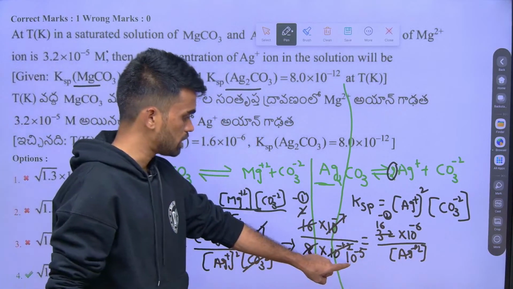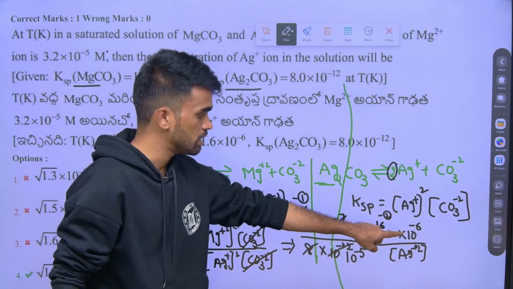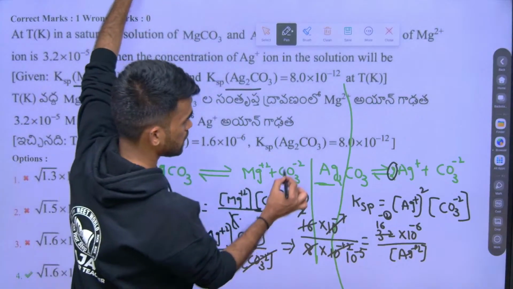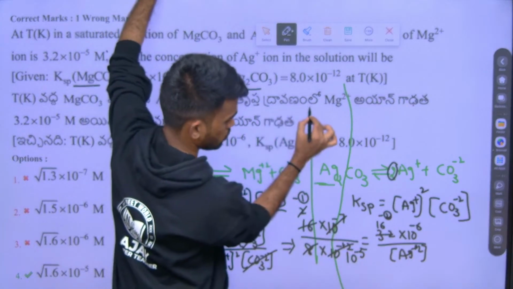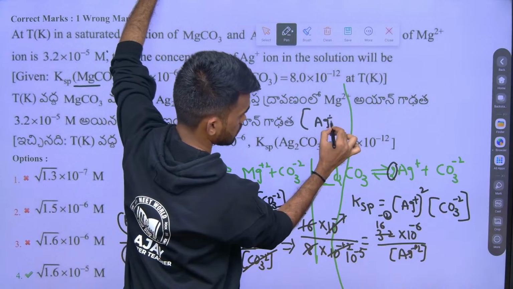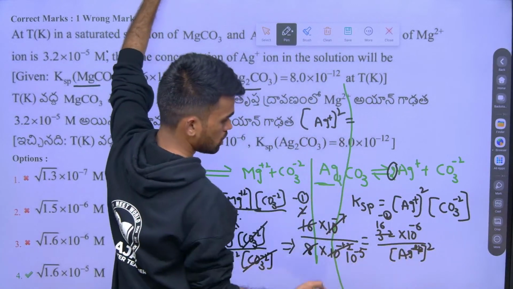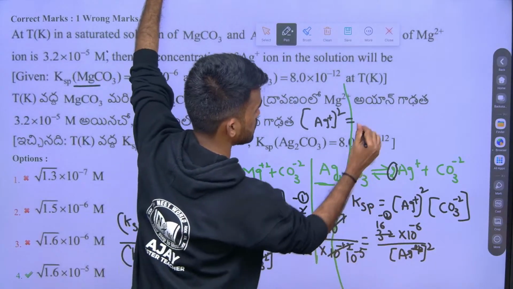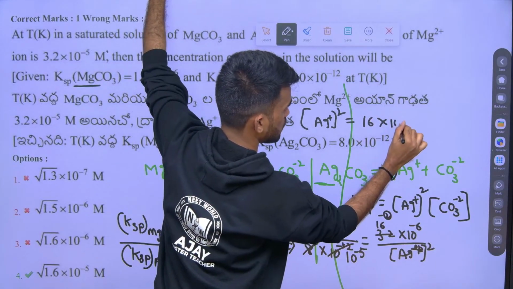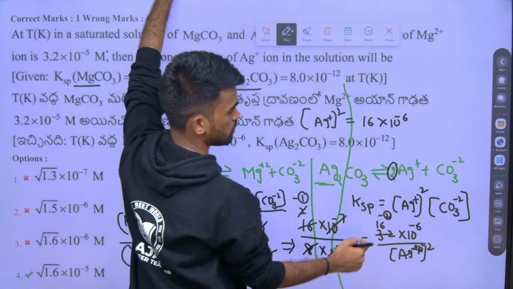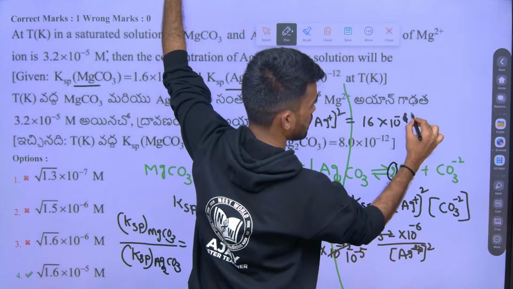So in the denominator we have 10 power minus 5 here, and here we have 10 power minus 6. So from these, Ag plus square equals, if I send this side and this side, 16 into 10 power minus 6, and this is minus 5. So how much is it? Minus 11 I am writing.